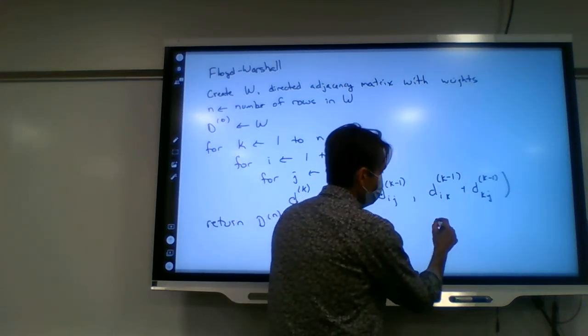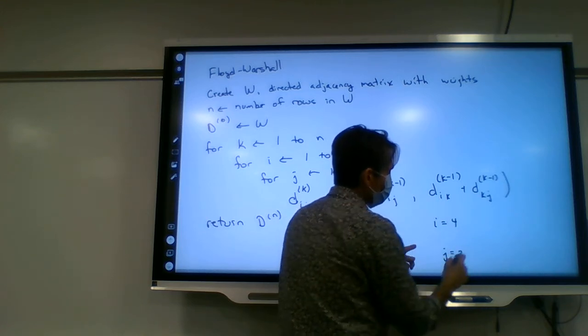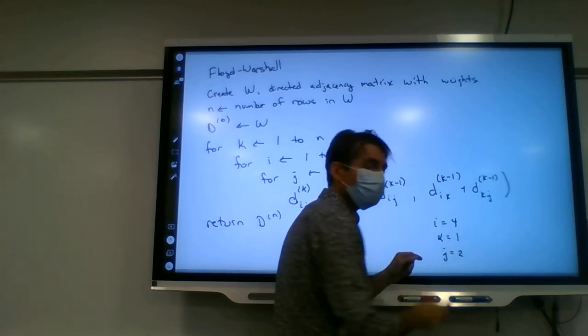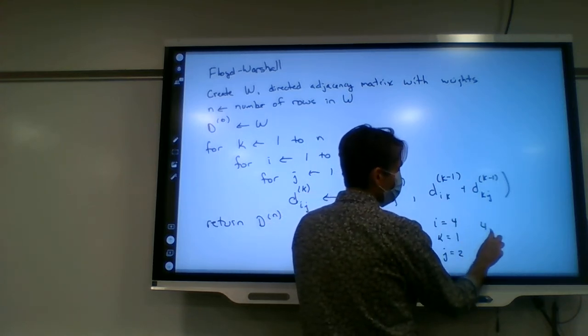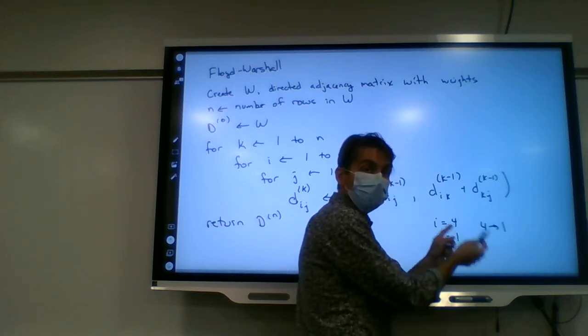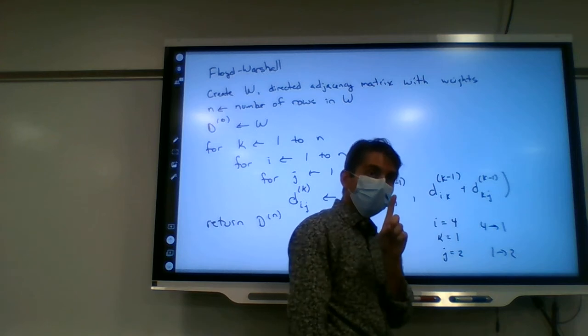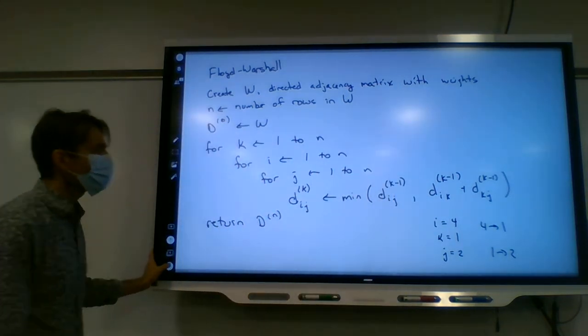I is 4, J is 2, K is 1. So I'm looking at going from 4 to 1 in one move, and then I'm going to look at going from 1 to 2 in one move, so with no intermediate vertices.